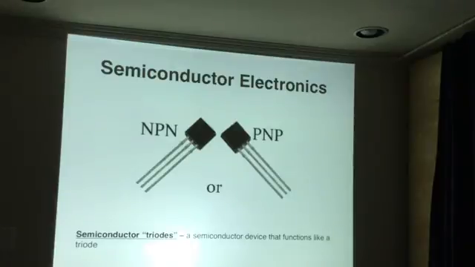So it functions in such a way that you have an anode, a cathode, and then some sort of material in between that allows for more exquisite control of the flow of electrons across the surface.